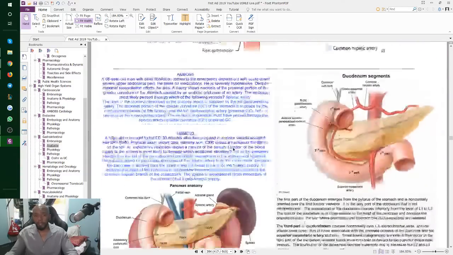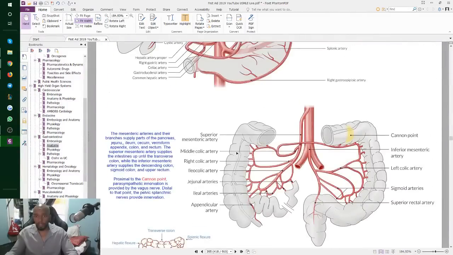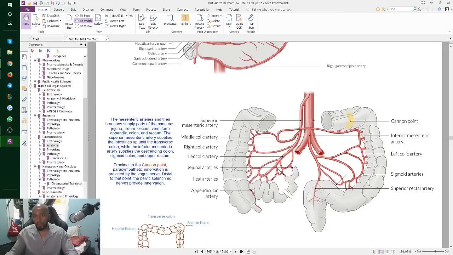And that Cannon point is exactly where that innervation changes. So everything before that Cannon point is vagus nerve, parasympathetics. After the Cannon point, all of this stuff is your pelvic splanchnic nerve for innervation. That's really important to remember if you ever get a weird question about any of this stuff.